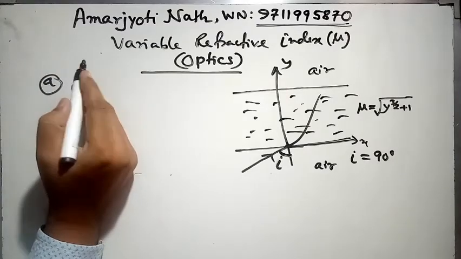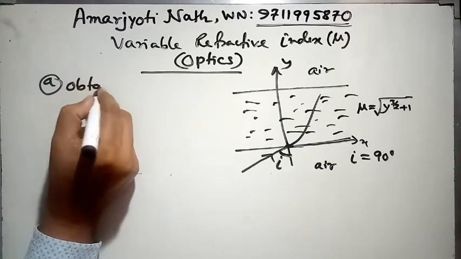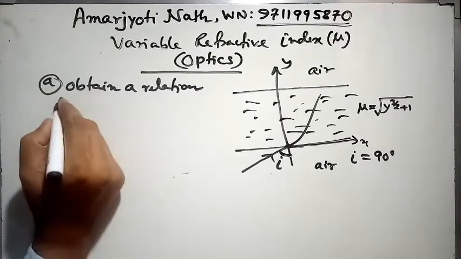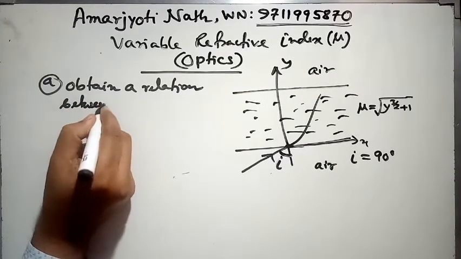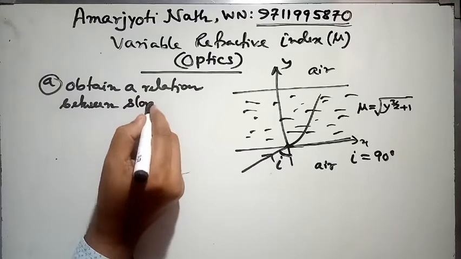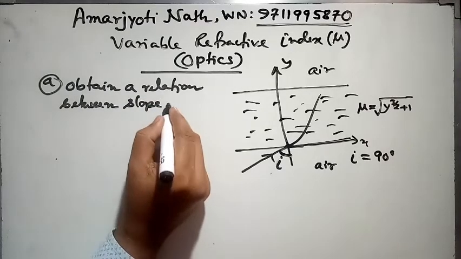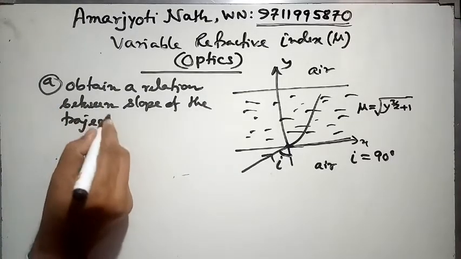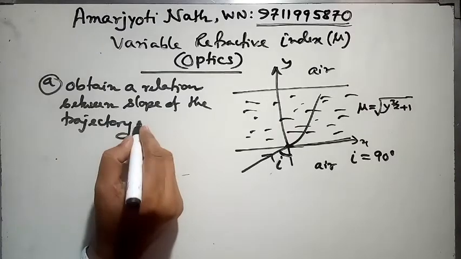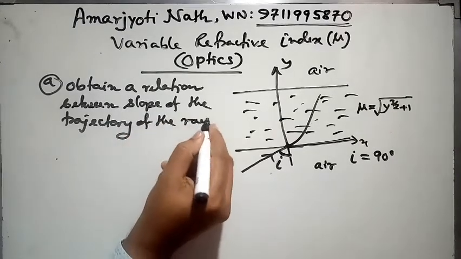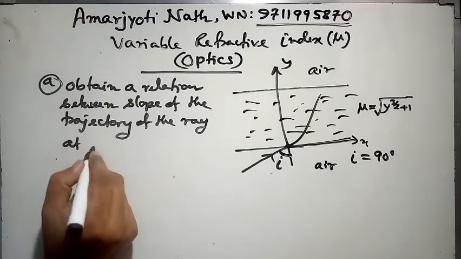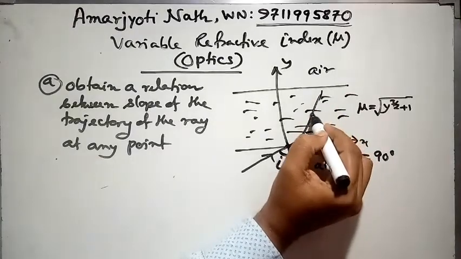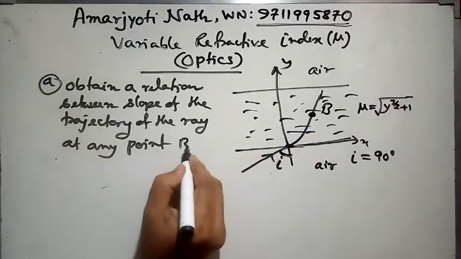You have to obtain a relation between the slope of the trajectory of the ray at any point on its path. Say this is the point B, at any point B whose coordinate is x, y, in the medium.